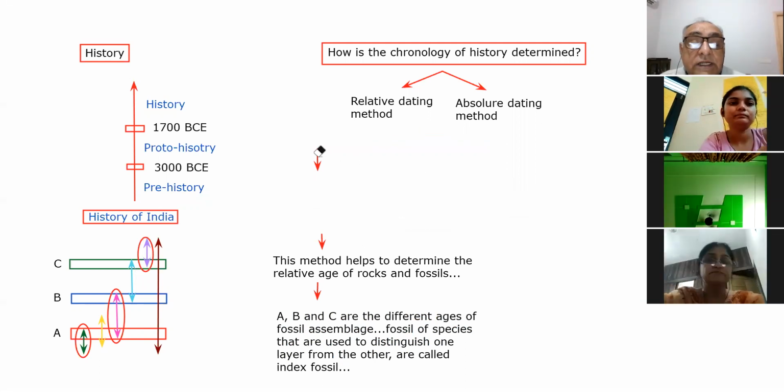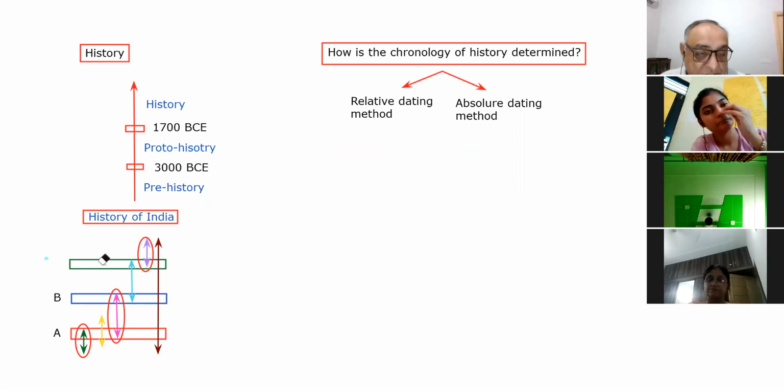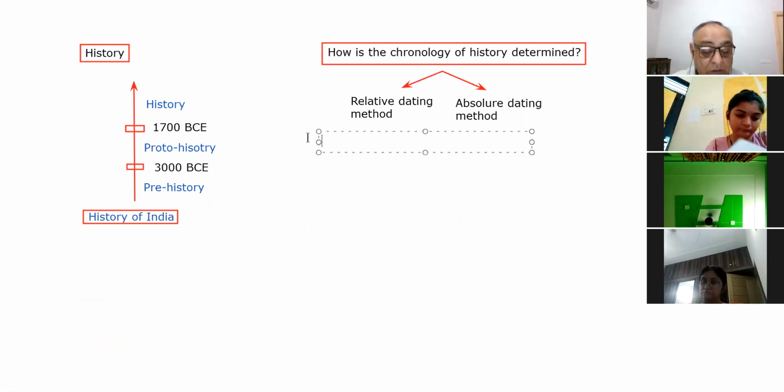Okay. So beta, this is the relative dating method, which we have just discussed. And the next is the absolute dating method, which is more important, right?